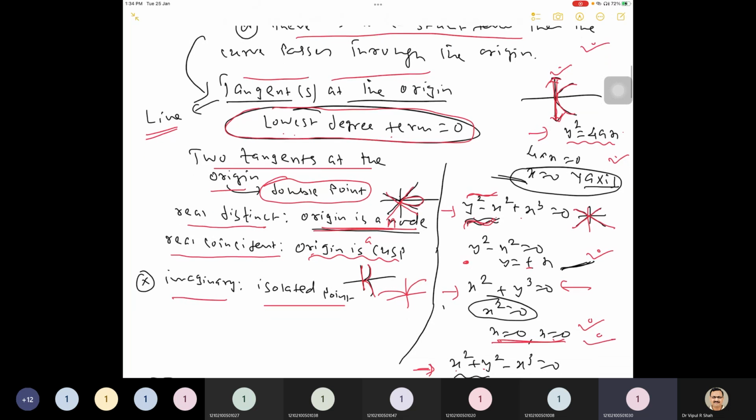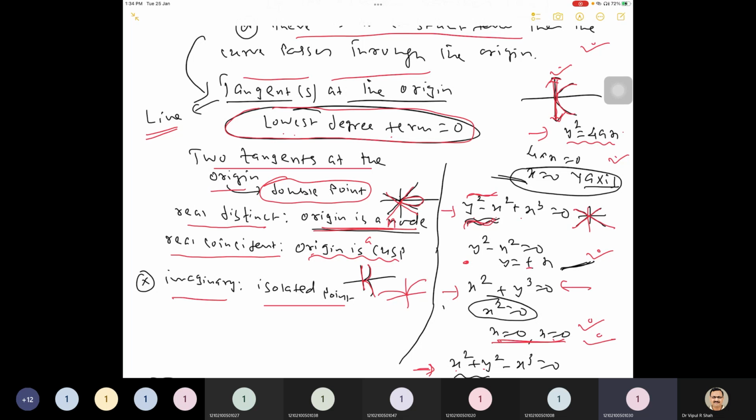If there are two tangents, then we have different possibilities: both the tangents are real and distinct, both the tangents are the same, that means coincident, or the tangents are imaginary, in which case we say it is an isolated point.